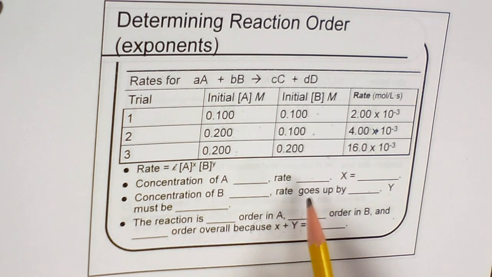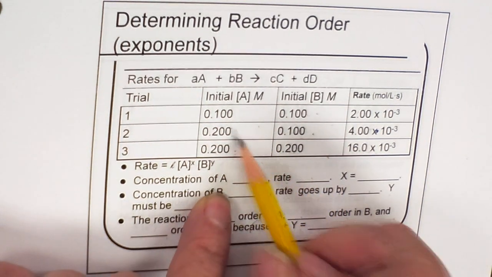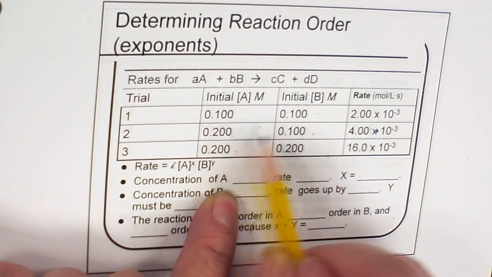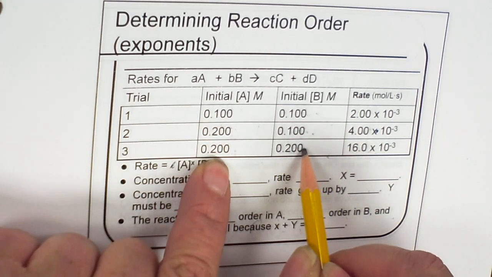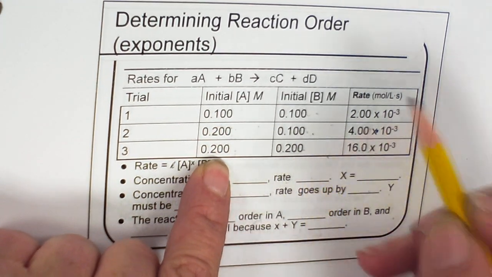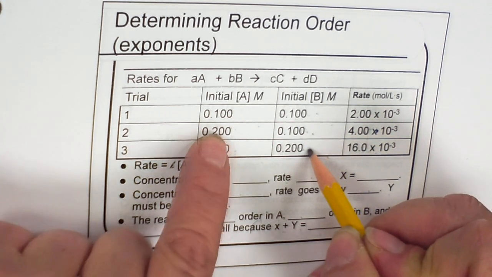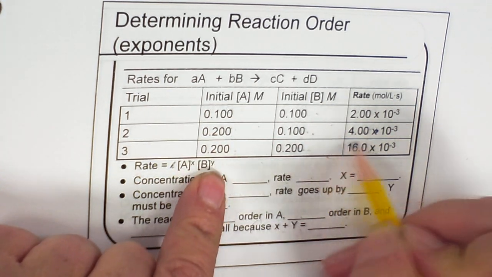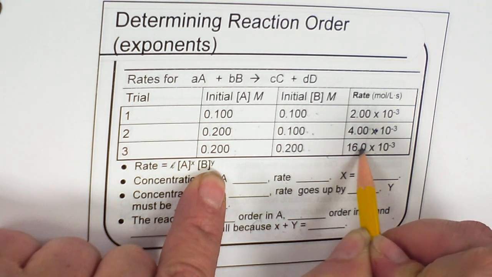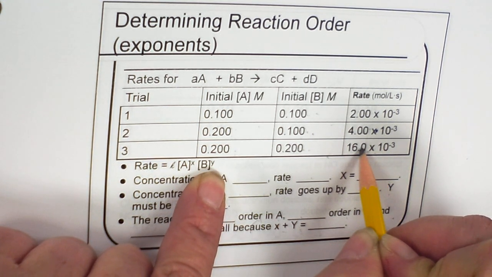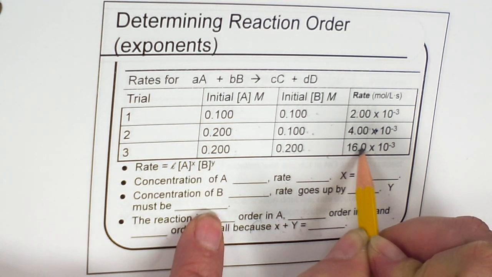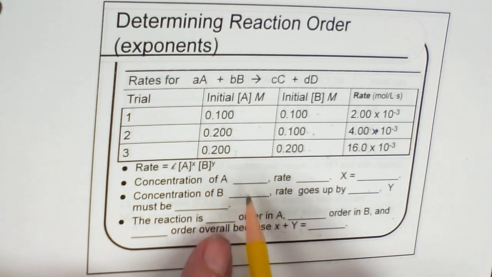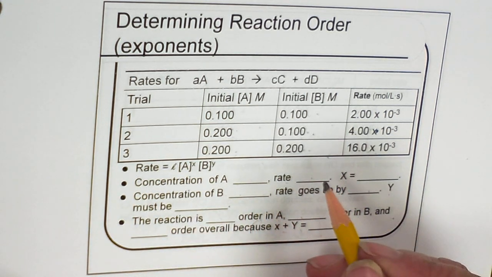So let's start with A, the concentration of A. When I double A, B stays the same. So when I double the concentration of A, since B stays the same, the rate goes up by 4. So what's the exponent?